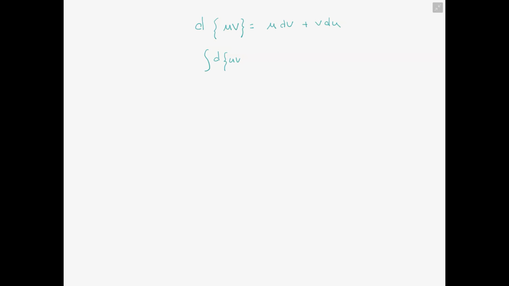And then if you take the integral, you have uv equals the integral of v du plus the integral of u dv, and then swapping sides around and doing a little algebra, we have the integral of v du is equal to uv minus the integral of u dv.